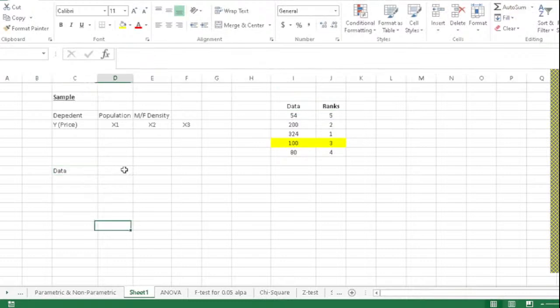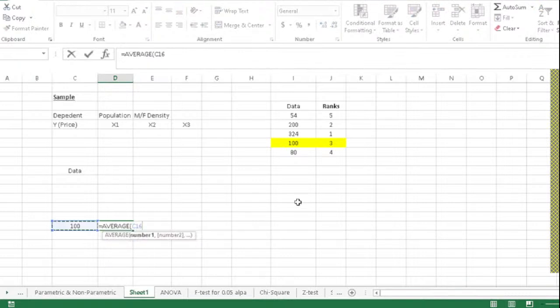Okay, and I know that the sum of my 5 data points is 100. Okay, the sum is 100. So hence the mean is going to be divided by 5, right?